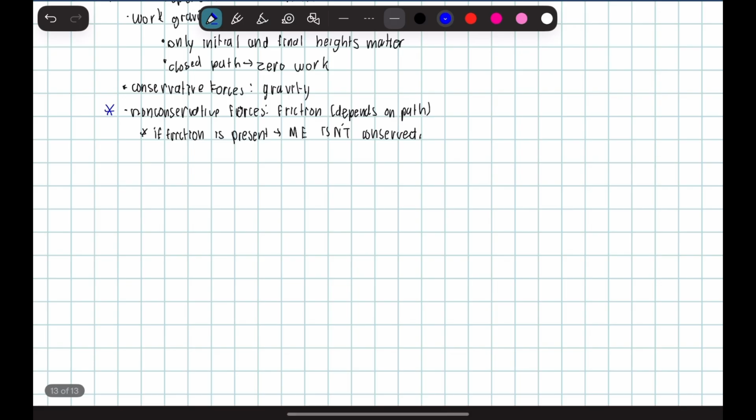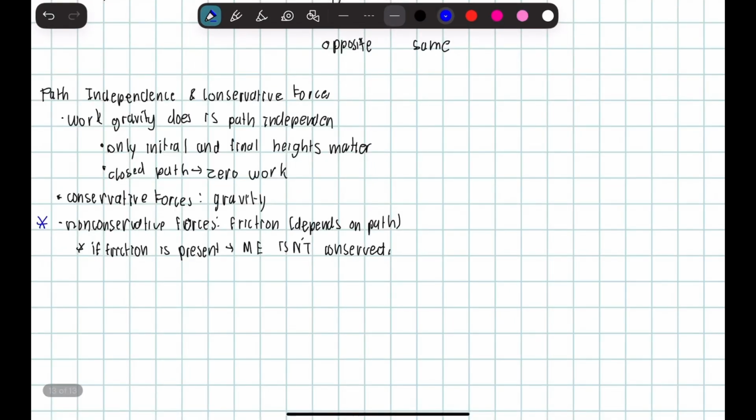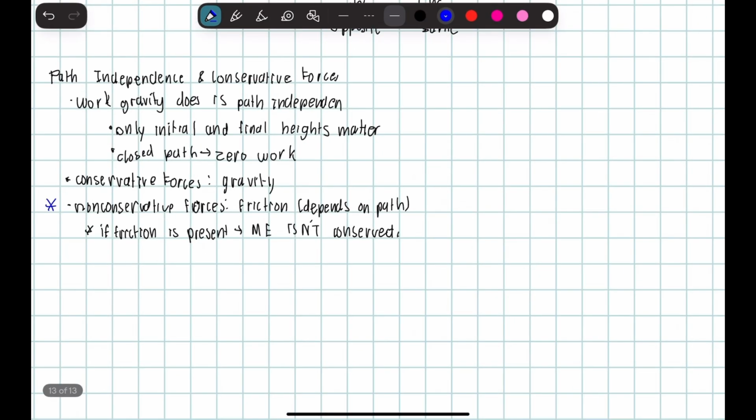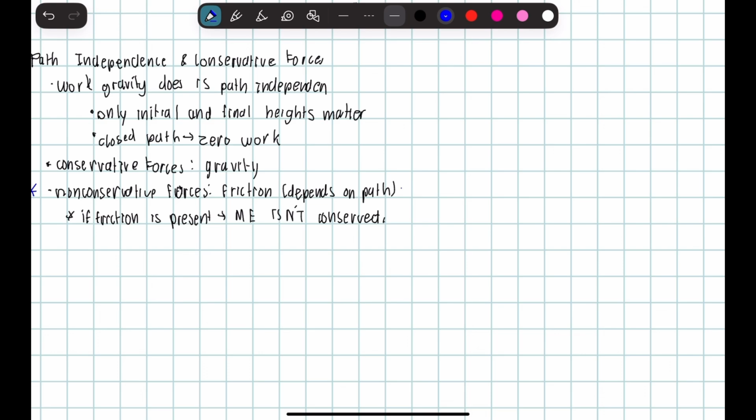Again, what you need to remember about friction being a non-conservative force is that its work depends on the path taken.